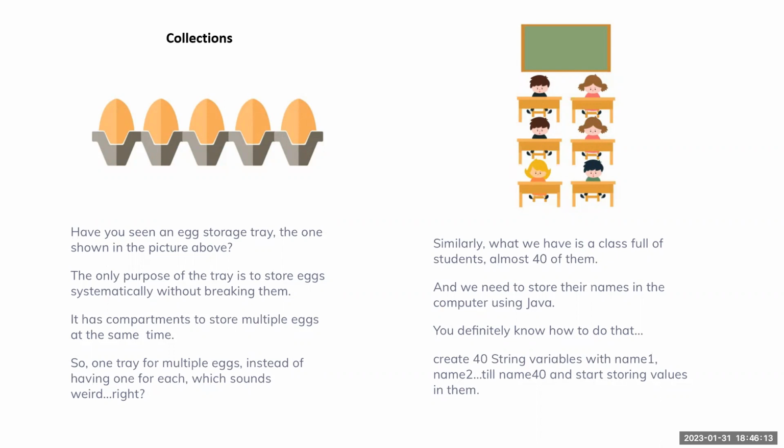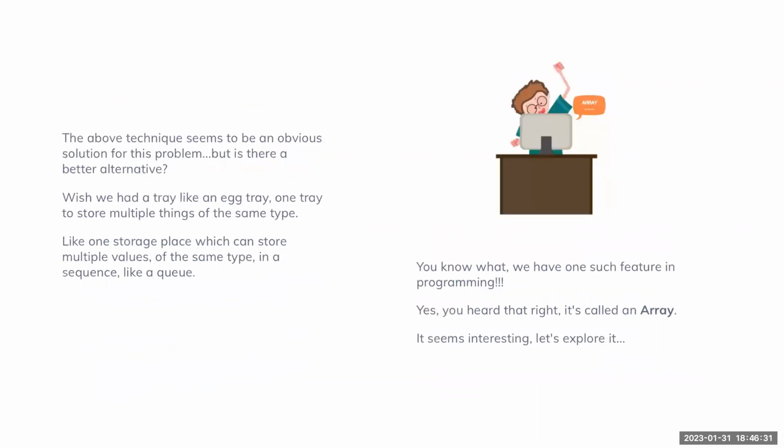You definitely know how to do that: you are going to create 40 string variables, name1, name2, up to name40, and store the values in them. It looks weird, but that is the option we have had till now. So let's see what we can do about that.